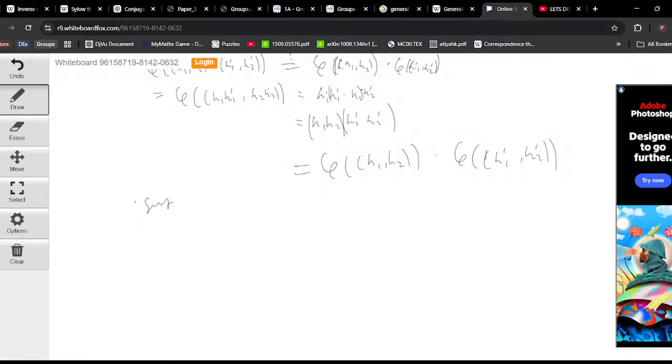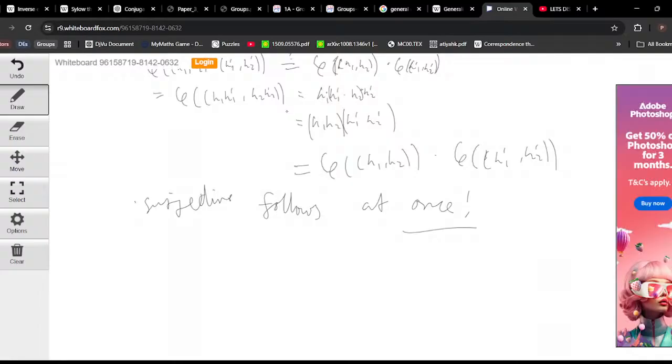Surjectivity follows at once, because by the condition that we had, we immediately have that any G can be written as H1, H2. So surjectivity follows immediately. We need to show injectivity.